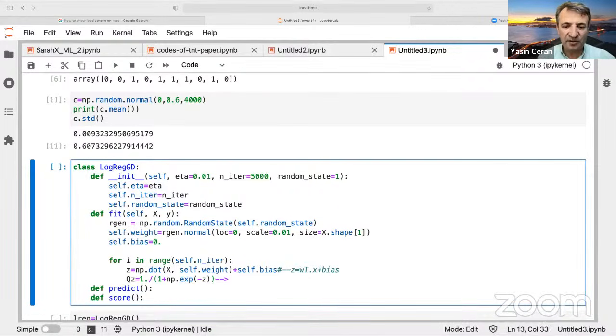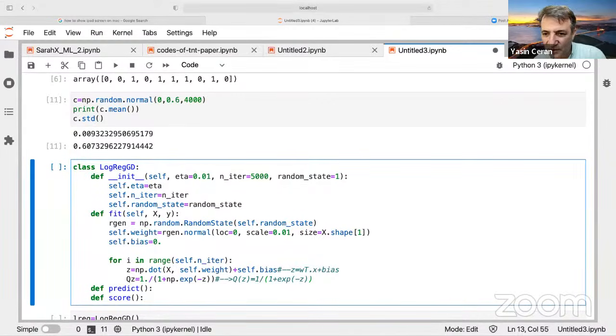We already talked about this. I use this expression. This is going to be the probability. Remember, the probability is between 0 and 1.